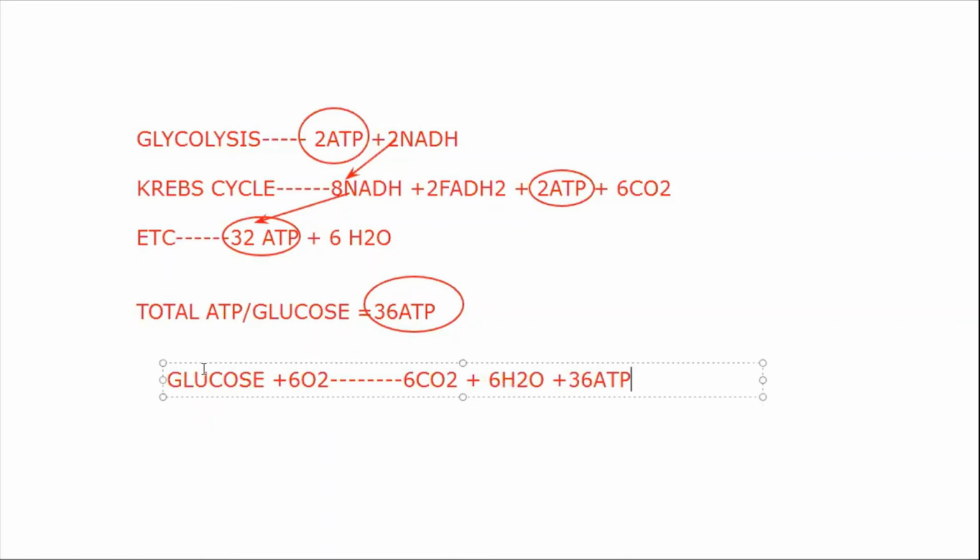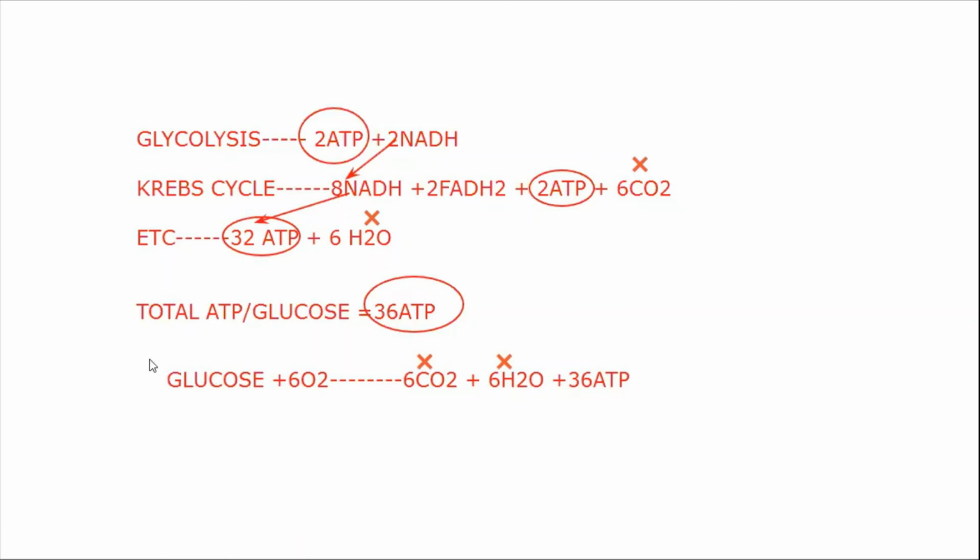We start with glucose and oxygen found in the mitochondria matrix. It yields 6 carbon dioxide as a product, and 6 water, and the total, if you add all the ATPs produced from each stage, you will end up having 36 ATP molecules per glucose.